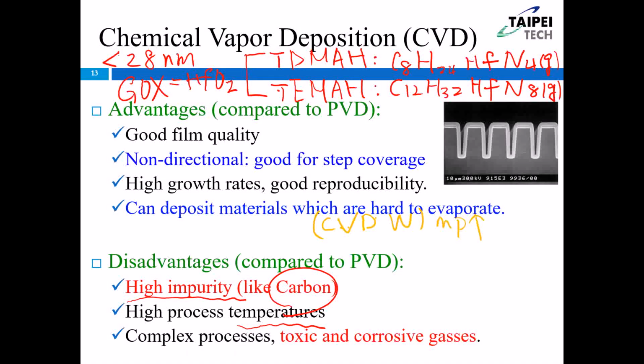So it requires temperature or plasma to provide the energy to break down this covalent bond, okay? Therefore, we can have the hafnium element become the hafnium oxide, okay? So it requires energy. That's the reason the CVD process requires some temperature or plasma to provide the energy, okay?